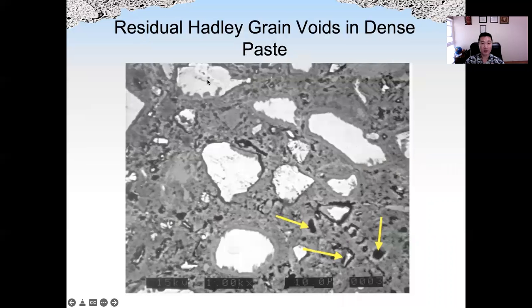And here are the residual voids in dense paste. Here we have air voids around the bright color. Again, this is unhydrated cement. We also have voids here and here. So as we can see, in a normal concrete paste, a lot of voids and pores are inside it. The fewer voids, the better.